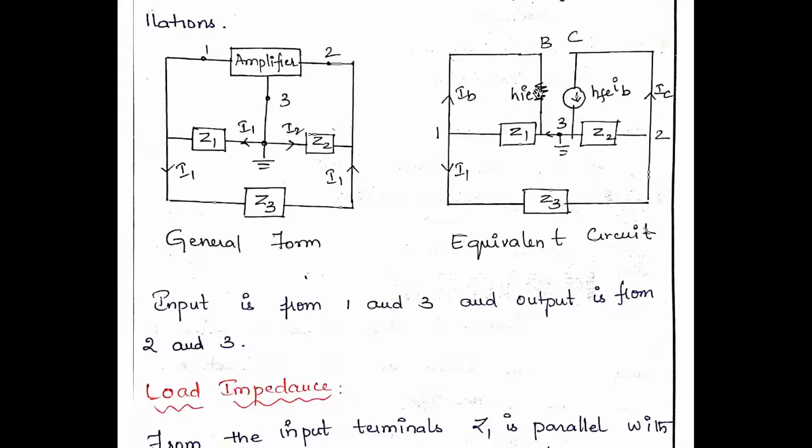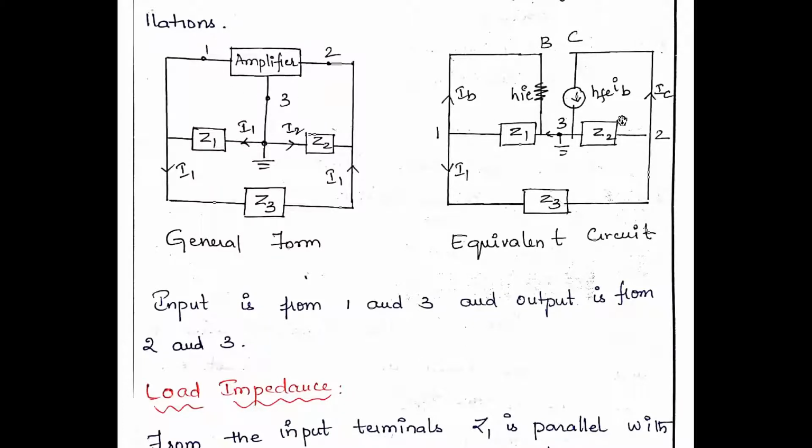So the equivalent impedance between 2 and 3 will be the load impedance to the amplifier block.